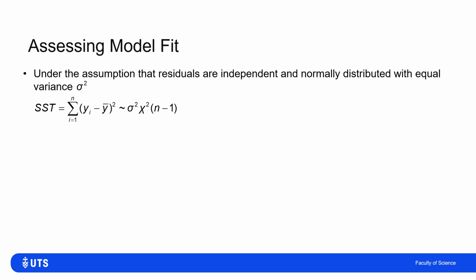So under this distributional assumption, SST should be sigma squared times a chi-squared variable with n minus 1 degrees of freedom. Because I have n variables I've added, but there is the constraint that all of the yi's add to give an average of y bar, so they add to n times y bar. So I've got one constraint for the n variables, so I've got n minus 1 degrees of freedom.